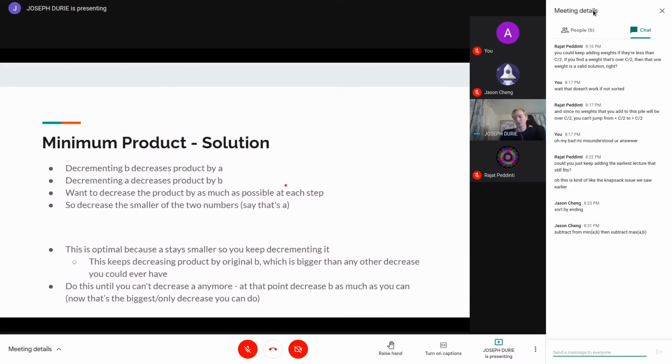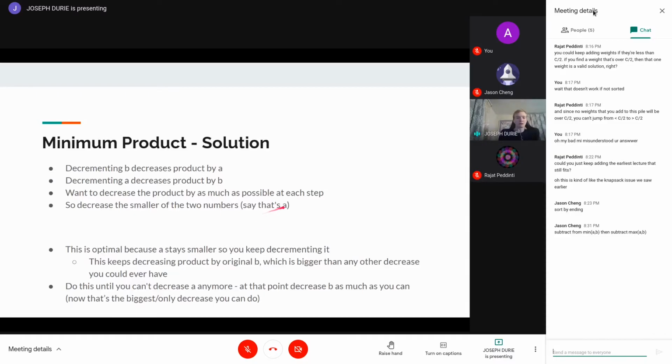And at any step, the maximum value you can decrease it by is the maximum value of A and B, right? Because you're decreasing it by whatever the current A or B value is, which is always going to be less than or equal to the initial A or B value.